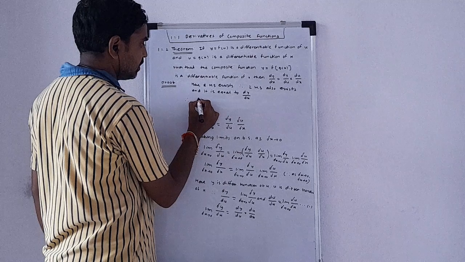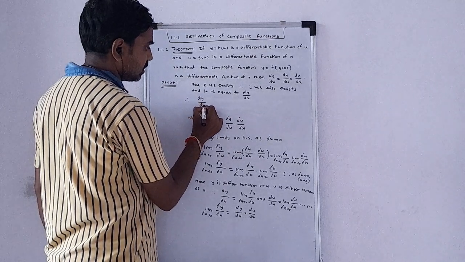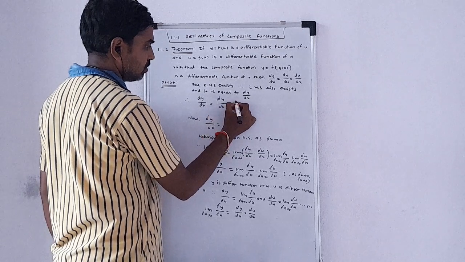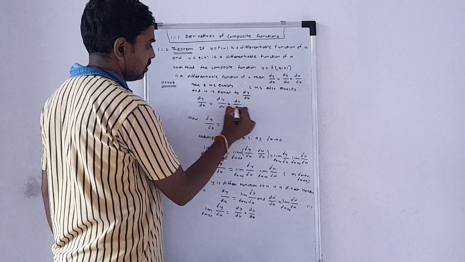Therefore, our final result becomes dy by dx equal to dy by du into du by dx.